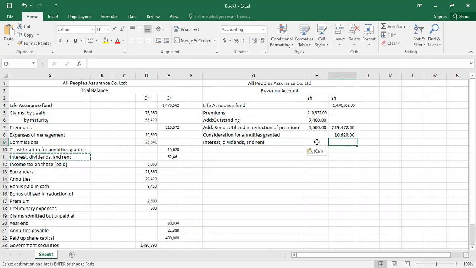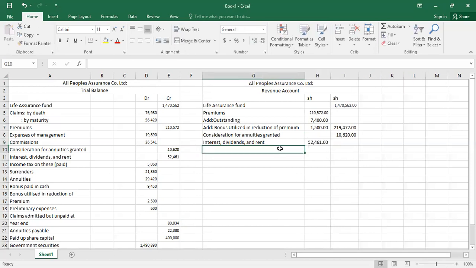And our interest rate, copy. So 52,461. The next item is on the interest. We had some accrued interest, right?